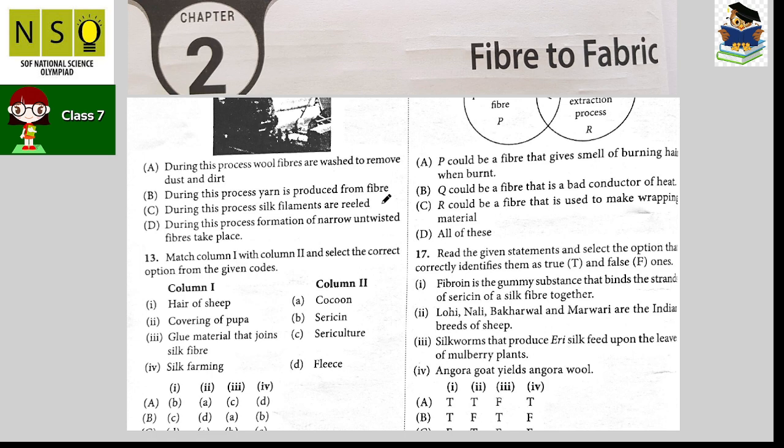And D is during this process formation of narrow untwisted fibers takes place. So the correct answer is D. During this process formation of narrow untwisted fibers takes place, and the name of the process is carding.